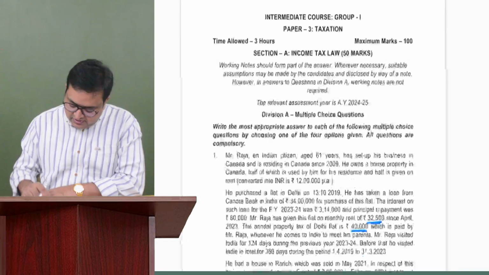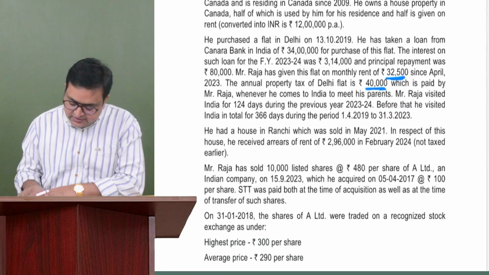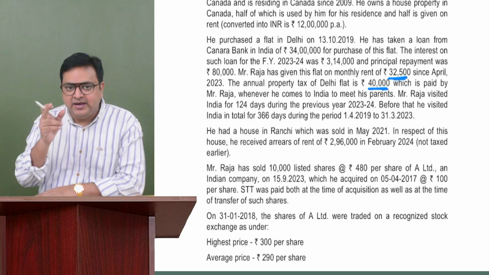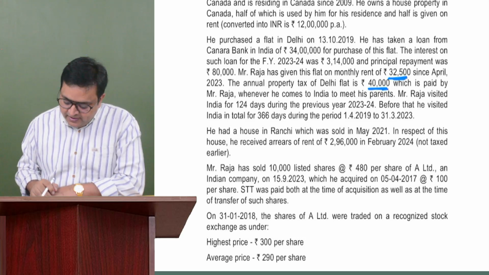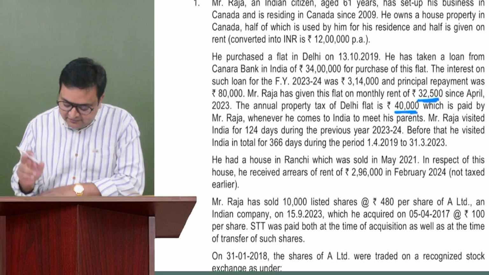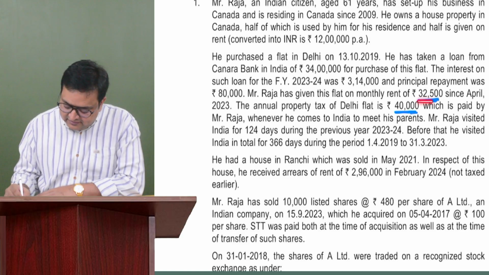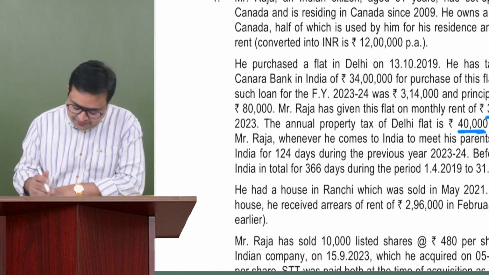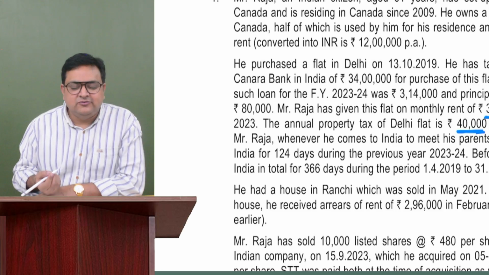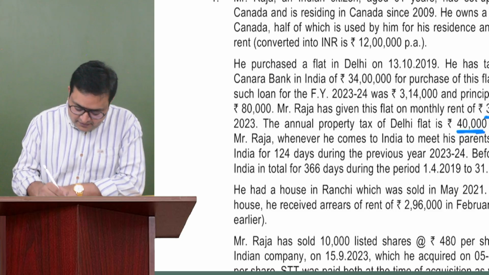So one of the things which we can determine is his house property income, because one of the MCQs was on house property income. He is receiving a rent of 32,500. There is no information on expected rent, so this rent received would become GAV.